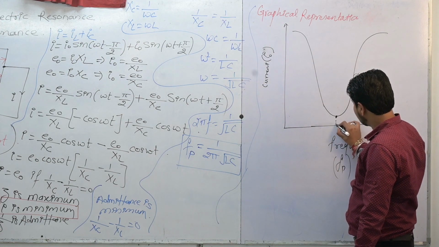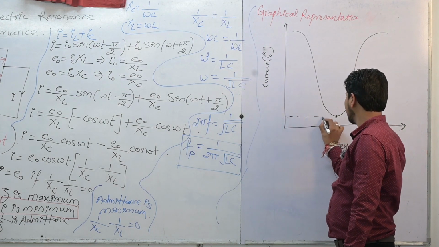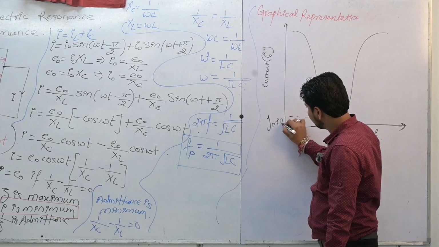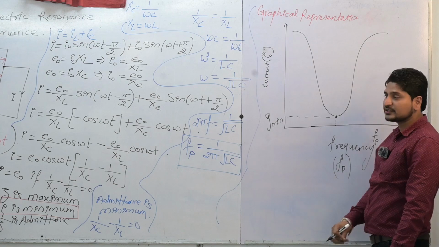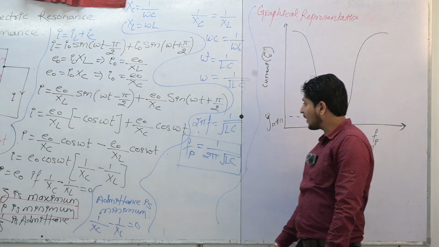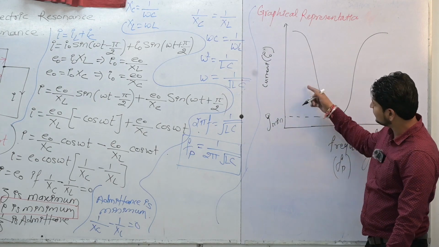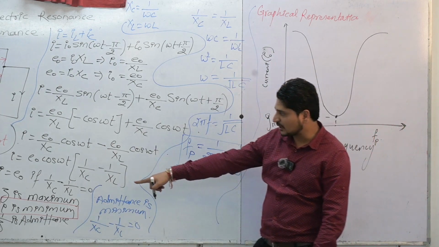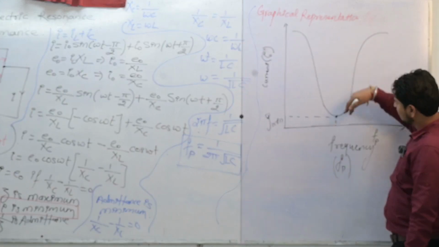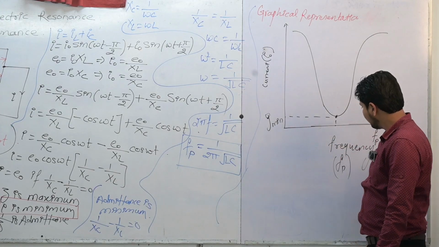So this is your minimum current, this is your I minimum. This is the graphical representation for parallel resonance. Why? Because from the above equations we say that the current is minimum, and when the current is minimum, we get the inverted graph, and this is I minimum.